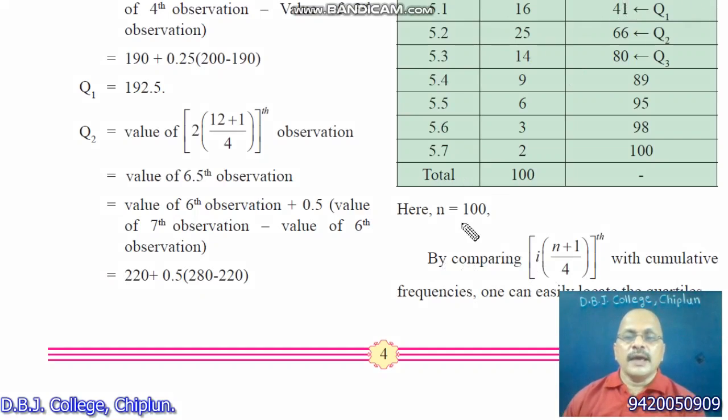Here n is 100, so n plus 1 is 101. 101 by 4 is 25.25.